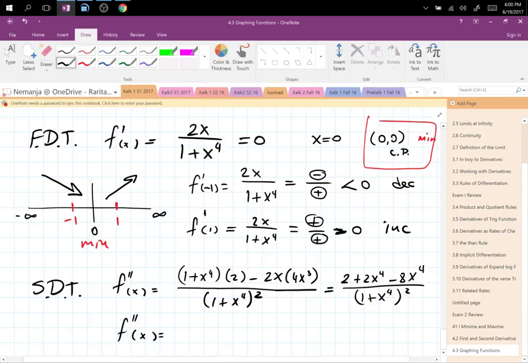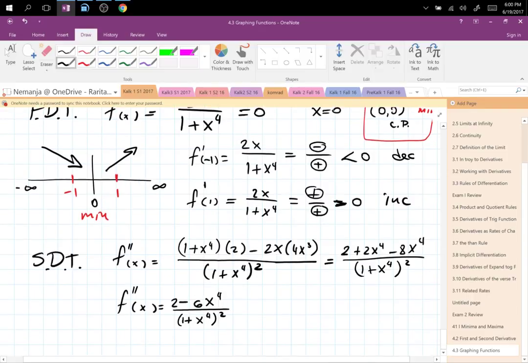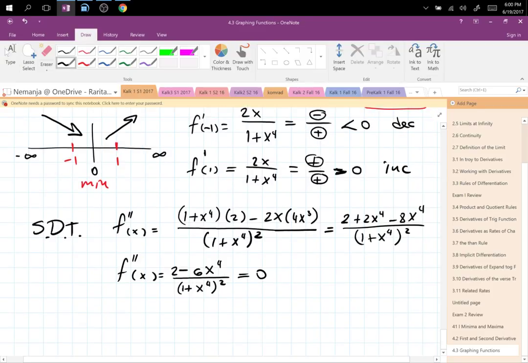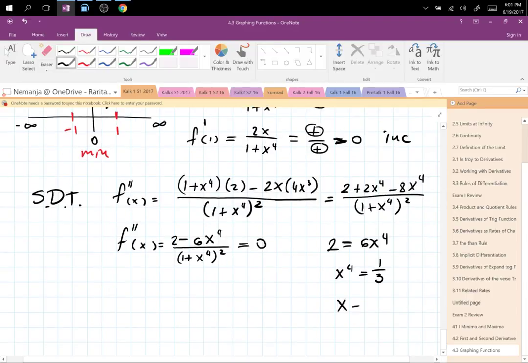So the second derivative is equal to 2 minus 6x to the fourth divided by 1 plus x to the fourth squared. And now when we set that equal to 0, again, the denominator dies instantly. All we have to worry about is 2 equals 6x to the fourth. So x to the fourth is equal to 1/3. So x is equal to plus minus the 4th root of 1/3.